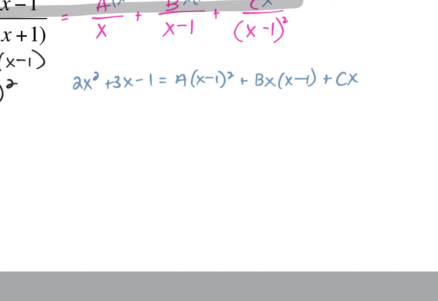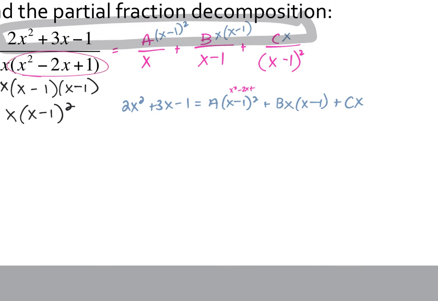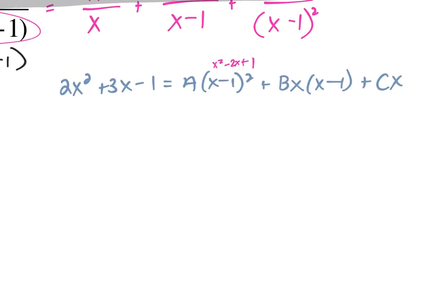All right, so I'm going to expand and FOIL the x minus 1 squared. I know this is x squared minus 2x plus 1 because we already did that. And then I'm going to distribute the a, the bx, all of it. So I get 2x squared plus 3x minus 1 equals, the a's going to all of this.